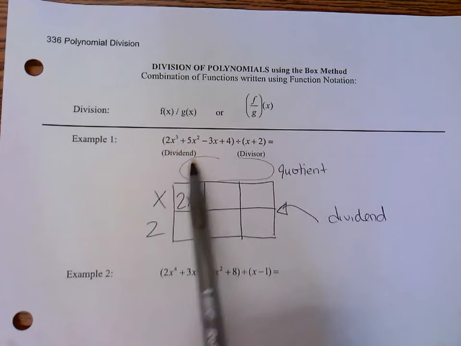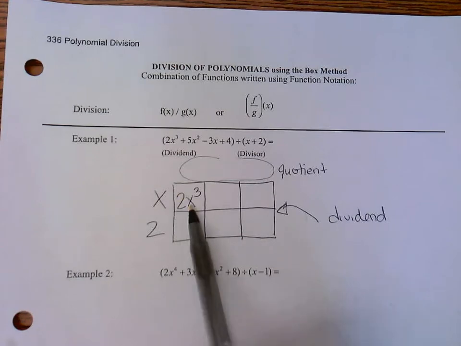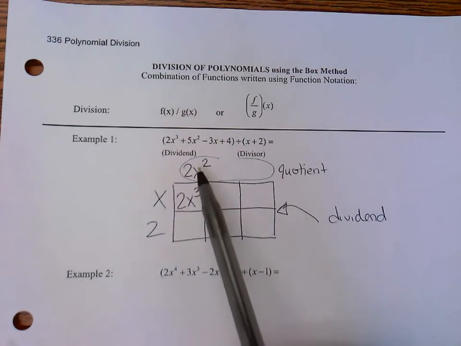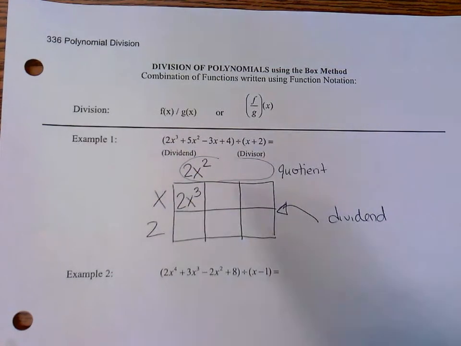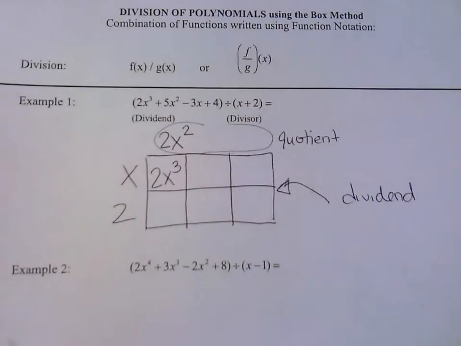So now you fill in this top term of your quotient. What would go up here so that this number times x gives you 2x cubed? It would be 2x squared, because 2x squared times x is 2x cubed. Are you with me on that first step? You might feel a little bit lost the first time through. That's okay. We're going to do it a few more times.